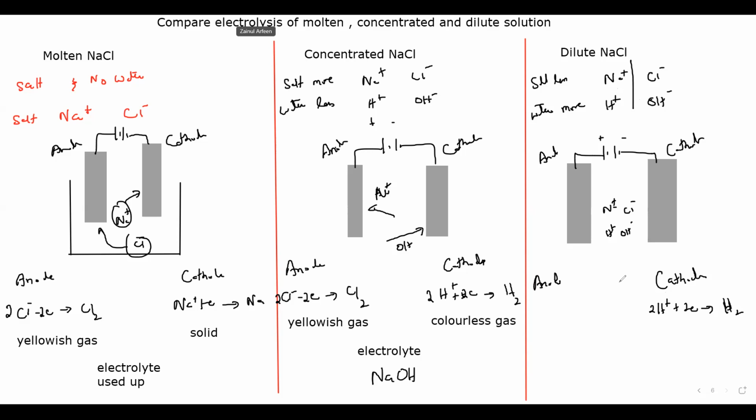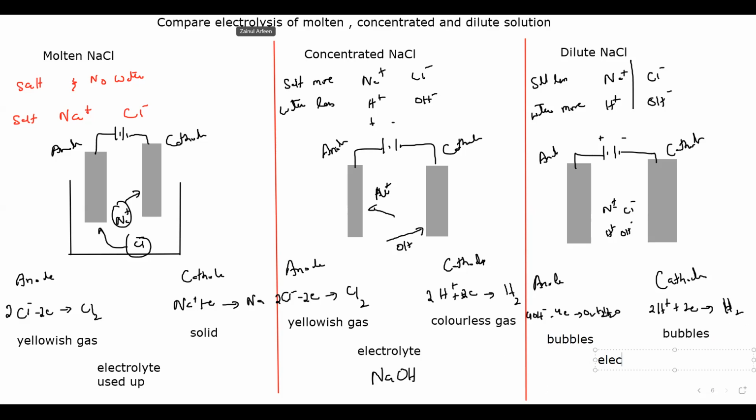And what happened at anode? Because OH is more, and for OH you have to learn this equation. When 4 OH ions are there, they will lose 4 electrons. It will give oxygen and 2 water molecules. So what is the observation that you have to learn? Whenever hydrogen is there, you can say bubbles or colorless gas, and when oxygen is there, you will also say bubbles or colorless gas.